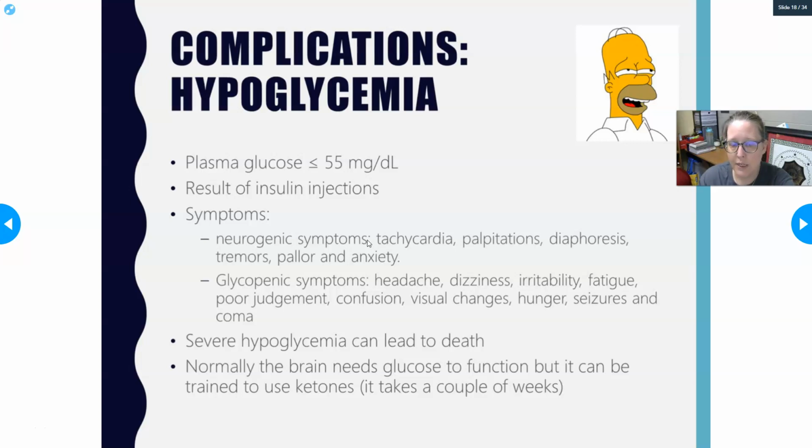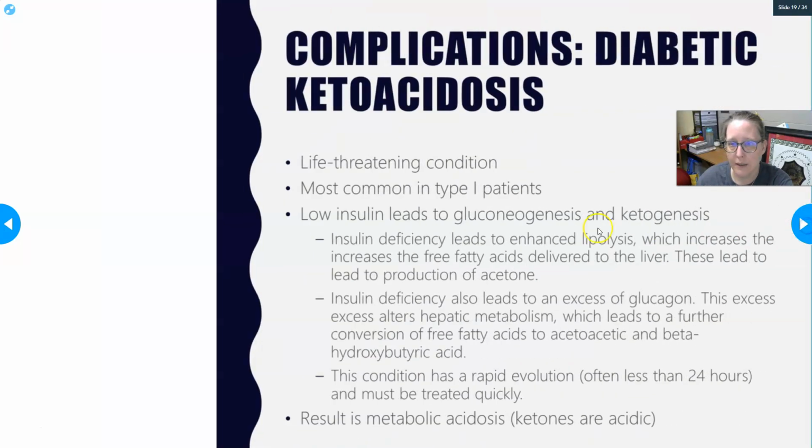You can train the brain to use ketones on some of the fat diets, the ketogenic diets, but it takes a few weeks, so it's not something they can just do overnight. Either way, hypoglycemia can be life-threatening, and can definitely be a complication of having too much insulin or taking some of those glucose-lowering medications without having adequate food intake.